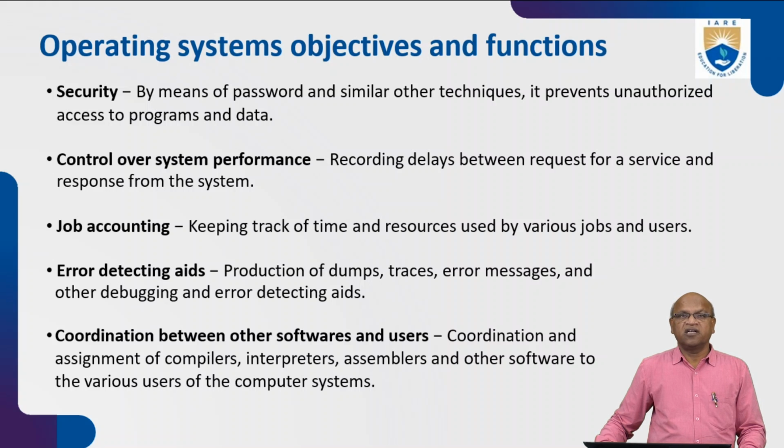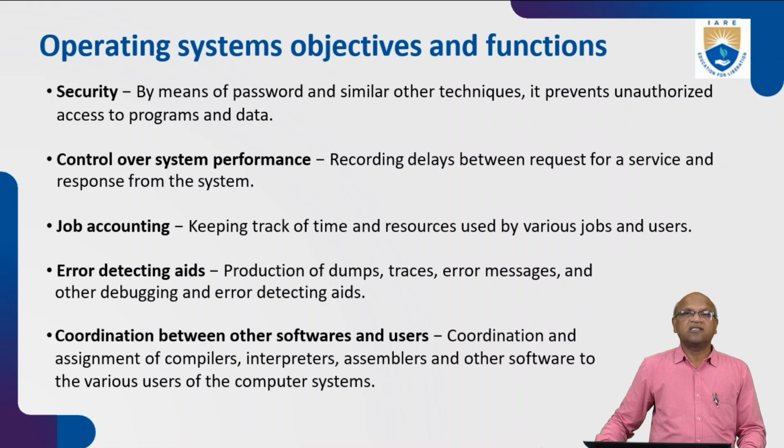It will coordinate and synchronize. Job accounting is keeping track of time and resources used by various jobs and users. Because the OS keeps track, it makes a record of everything. What is happening in the system, time to time, everything is saved somewhere on the hard disk by the OS programs.